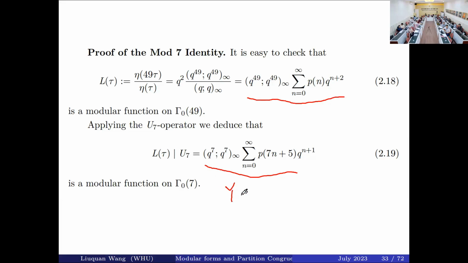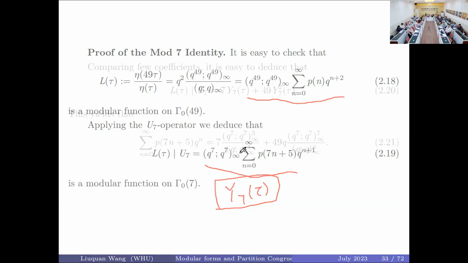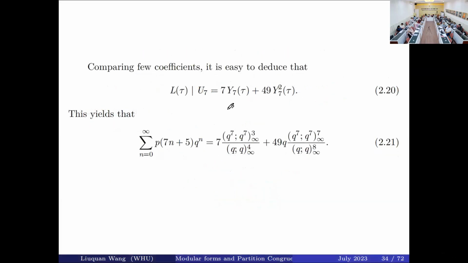Then according to our knowledge, any modular function on gamma 0, 7 can be expressed as a rational function in terms of y7 of tau. And by comparing just a few coefficients, you will see that this rational function is indeed a polynomial. It is a quadratic polynomial.